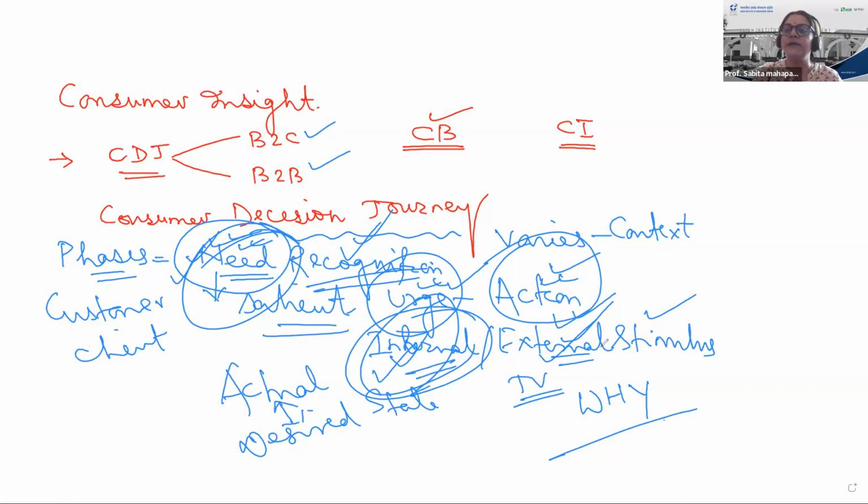External stimuli may be displayed either by the marketer or by other environmental factors. For example, if you are going to a physical retail store, while you are passing through the store, you had not made up your mind to buy an apparel. But you see in the store a very beautiful apparel displayed on the mannequin.